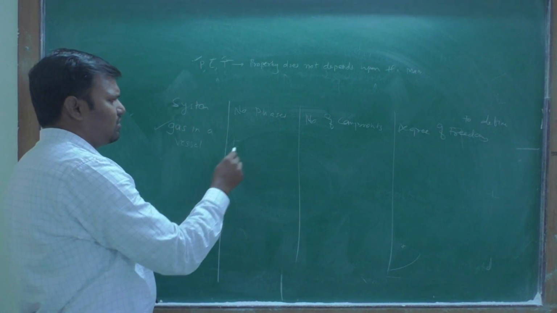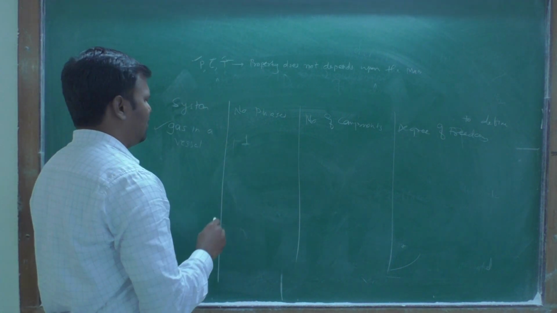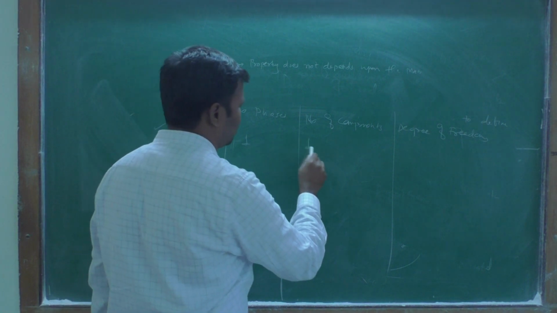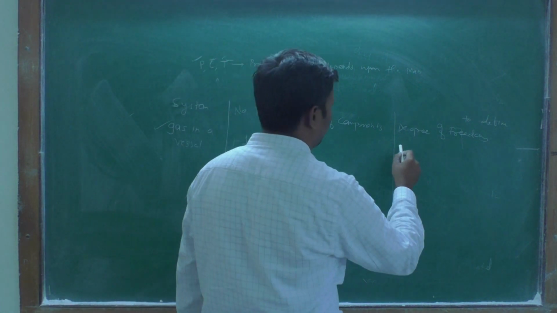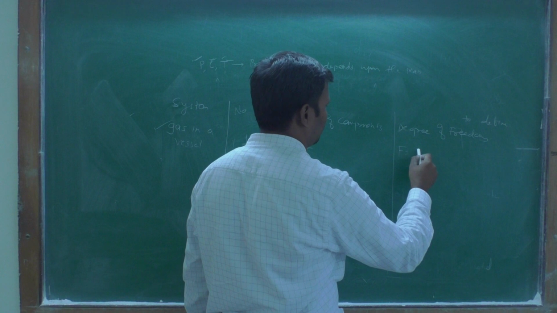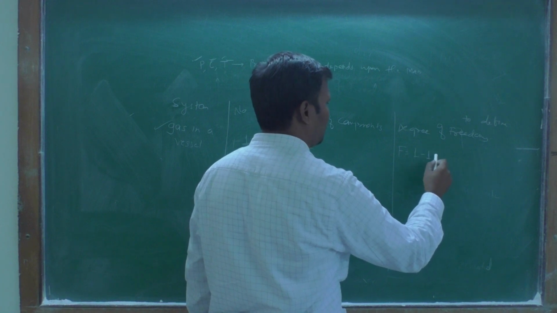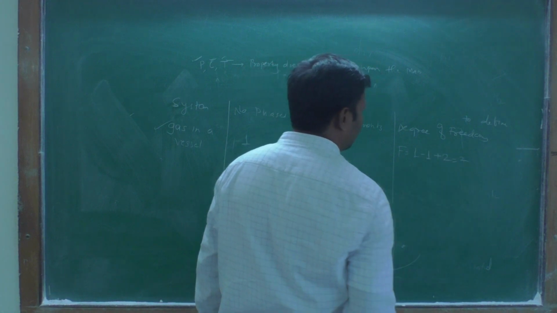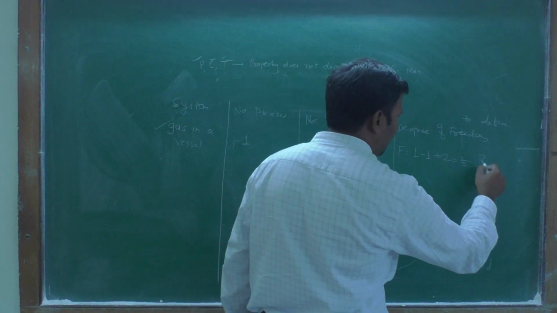In this case, the number of phases is only one, and the number of components is again only one. Therefore, our degree of freedom is F = C minus P plus 2 = 1 minus 1 plus 2, which is equal to 2. The system is 2, which means the system is a bivariant system.